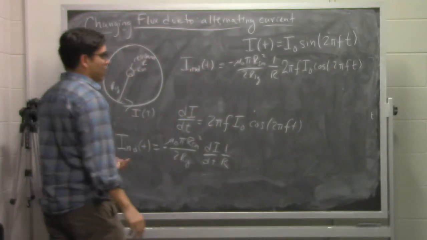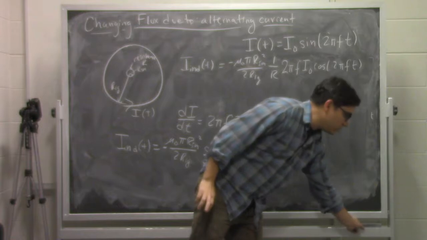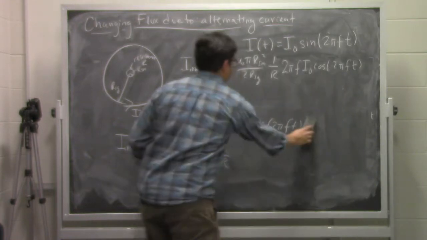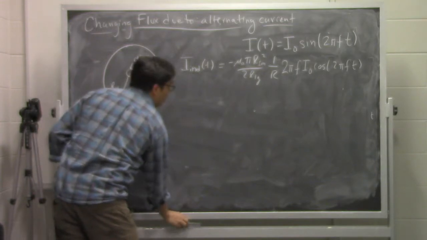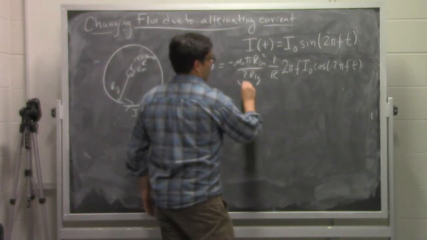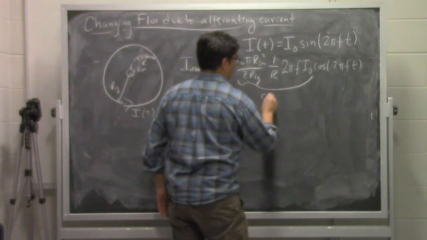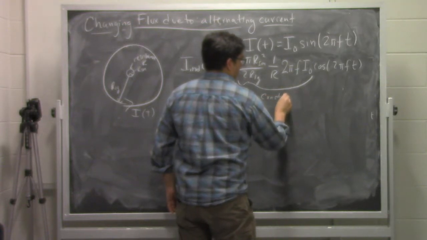Now, how do we make sense of that? Like, does this thing actually make sense to us? Well, the first thing to notice is that a bunch of the stuff that's sitting out front of the cosine are actually constants. In fact, all of this stuff are constants.